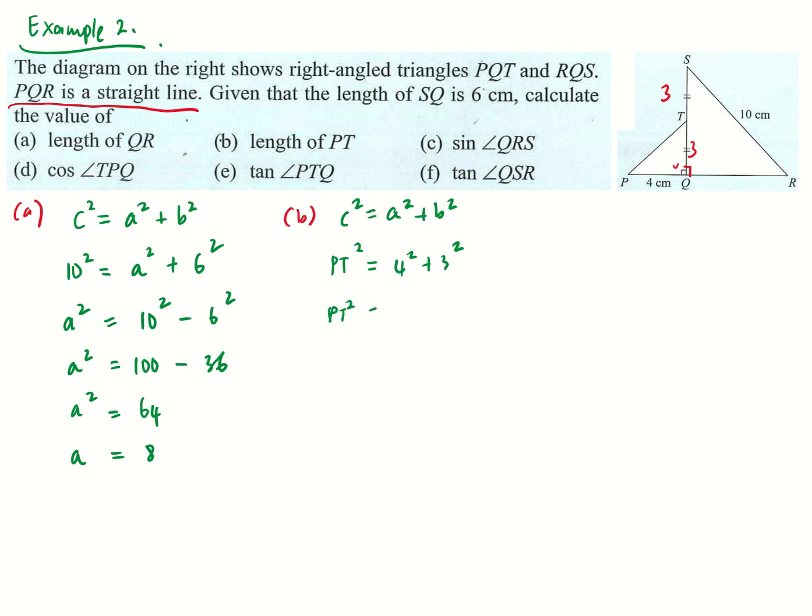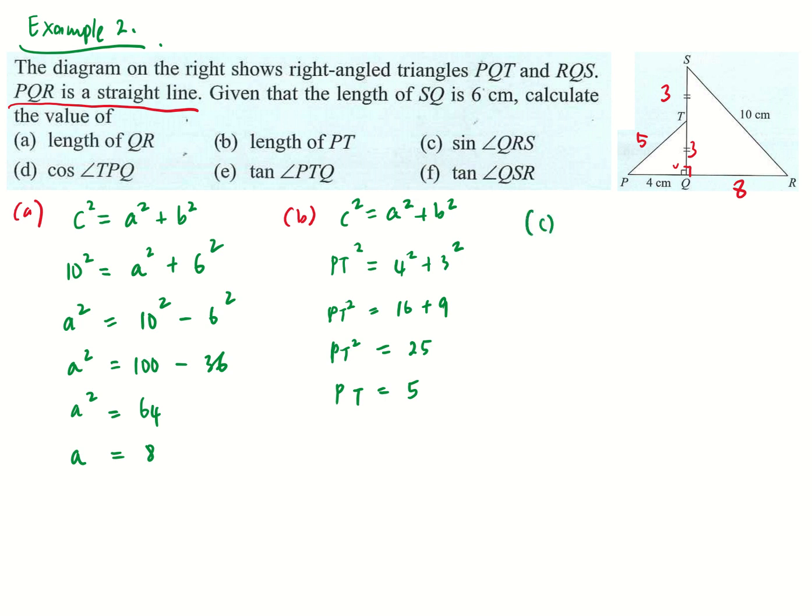So PT square equals 16 plus 9. PT square equals 25. And finally my PT here is 5. So now I'm going to write the lengths. I know that this is 5, this is 8. So we can go through to C.